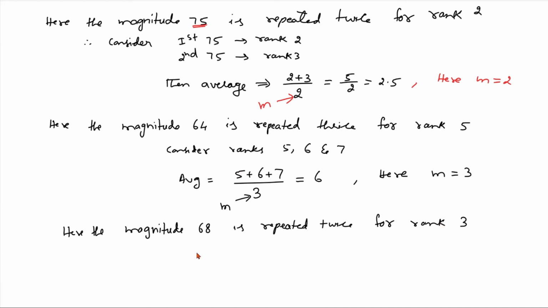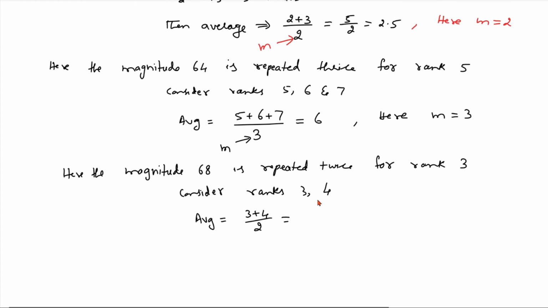So we'll consider ranks 3 and 4, and take the average of 3 and 4: 3 plus 4 divided by 2. So 3.5 will be the value over here, and the count of repeats will be taken as m. So here your value of m will be 2.